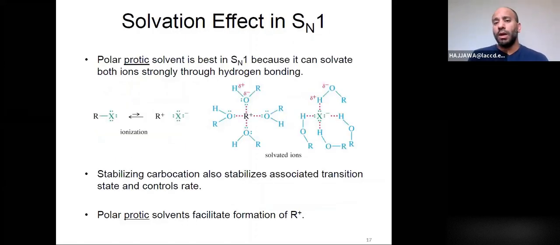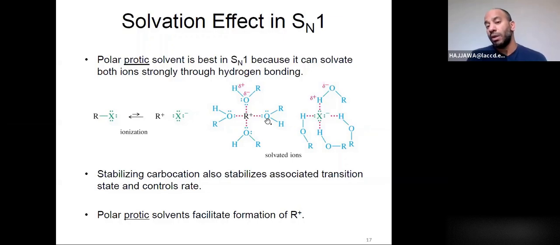We could see it here clearly how the ionization happens easily if I use a polar protic solvent. You could see here the RX being ripped apart by having the solvent help that out, having the oxygen part of the alcohol, for example, being used as a polar protic solvent to stabilize the carbocation, and the hydrogen stabilizing the X minus.